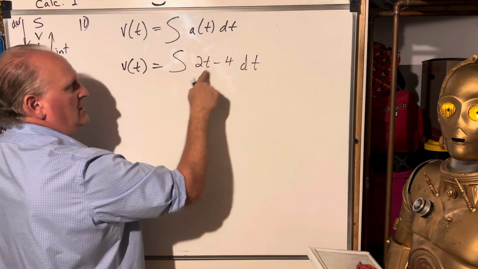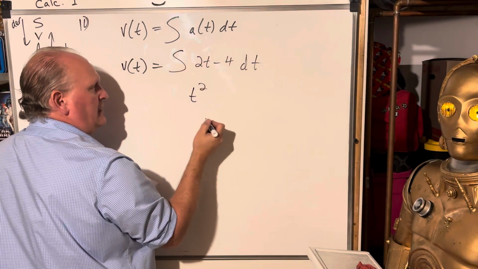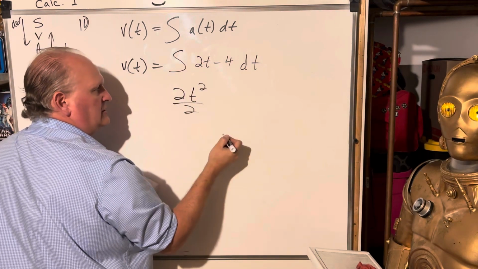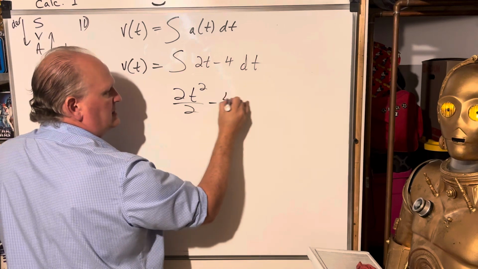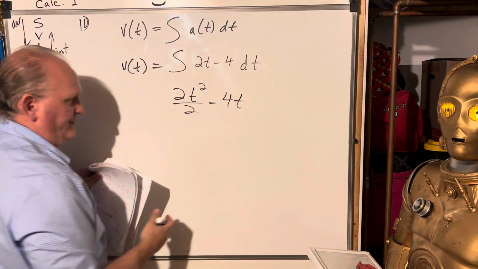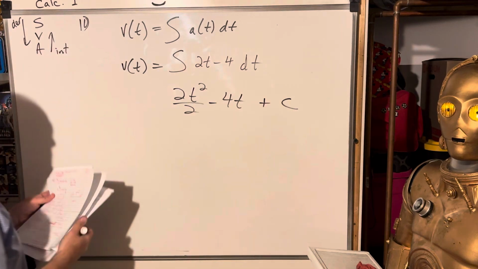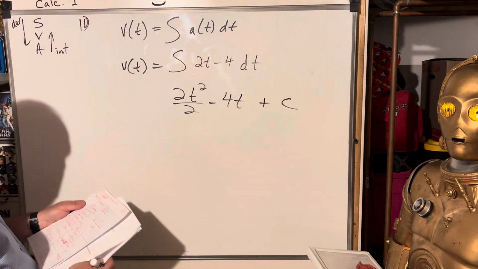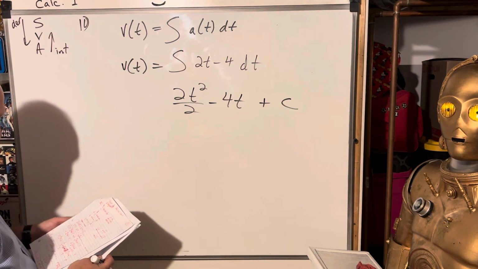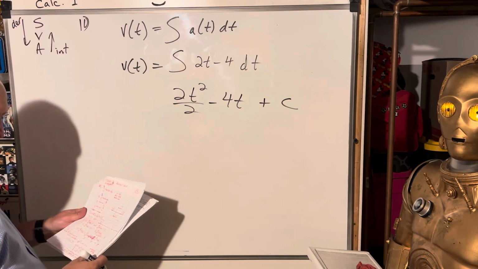All right. So add 1, t squared, 2, divided by the power, minus 4t plus c. That's why it was important that they gave us, because we're going to find the general solution right now.